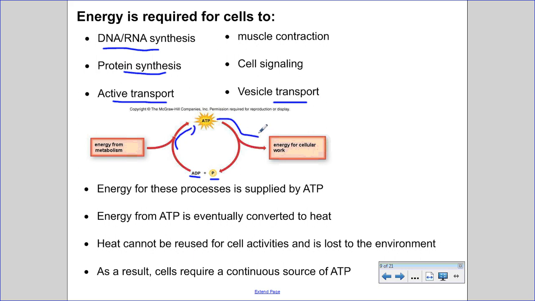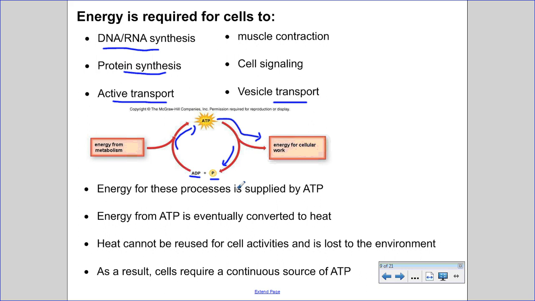That ATP gets used for cellular work, or provides the energy for cellular work, and that ATP will generate the ADP and phosphate. Basically, that third phosphate gets cleaved off of the ATP, turning it into ADP, and then you have that lone phosphate group. So then the process has to start again in order to create that ATP.